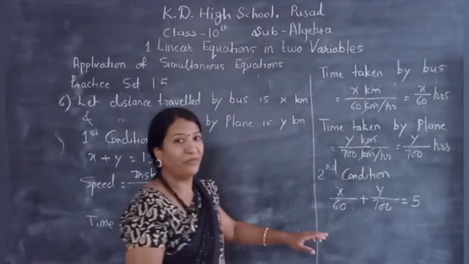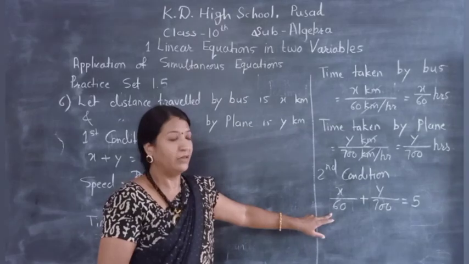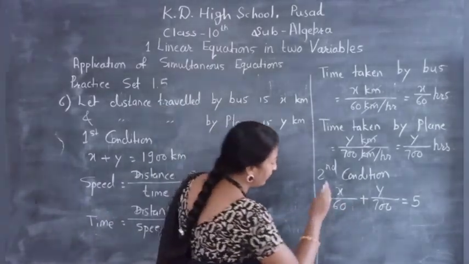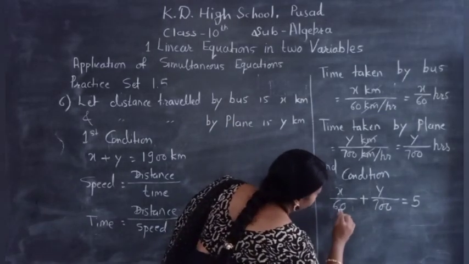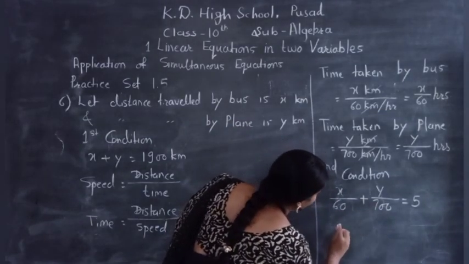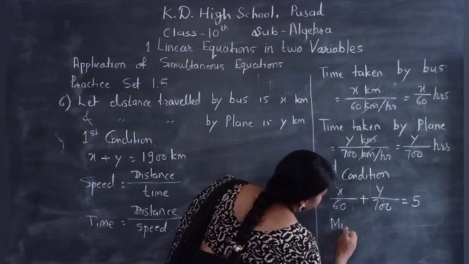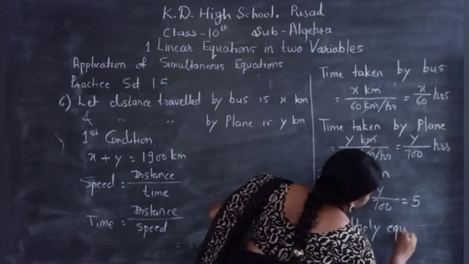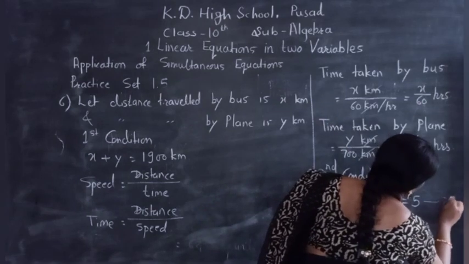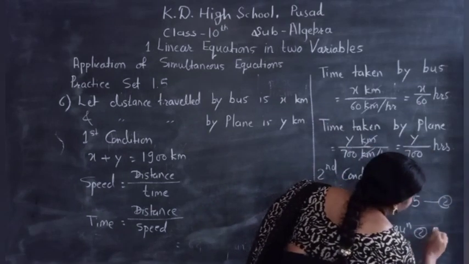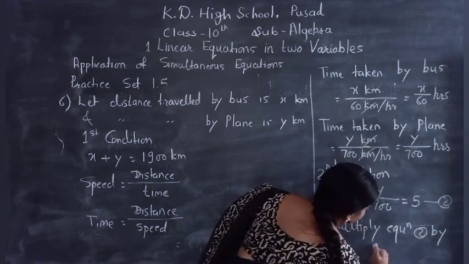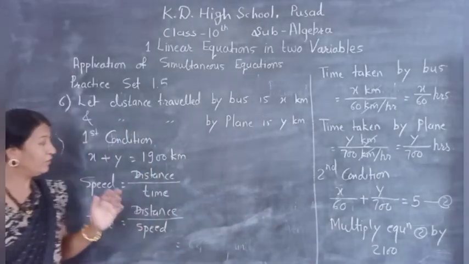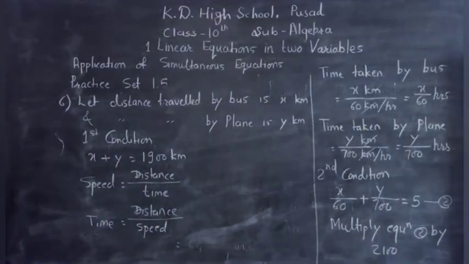Now you can simplify this equation, remove the denominators 60 and 700 by multiplying by their LCM. Their LCM is 2100, so now multiply equation 2 by 2100. Okay, now take a screenshot first of all, because we want to clean this part and then we continue.